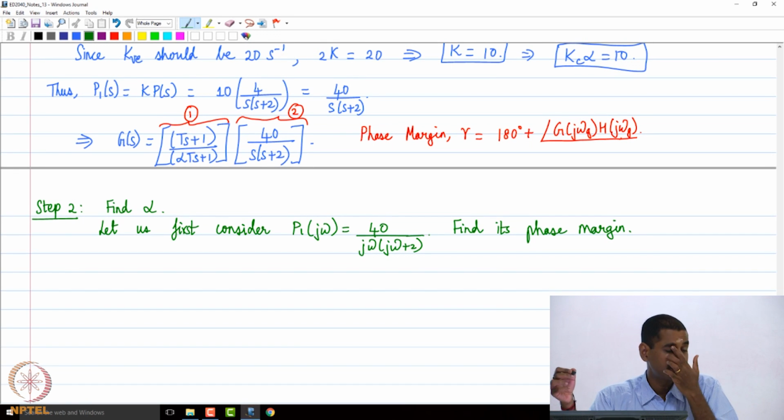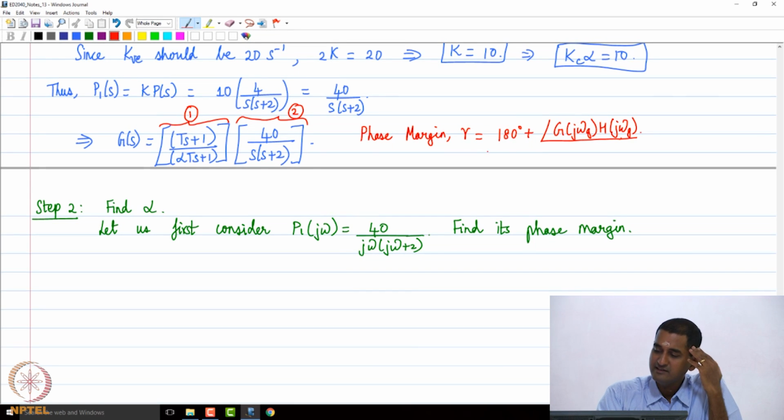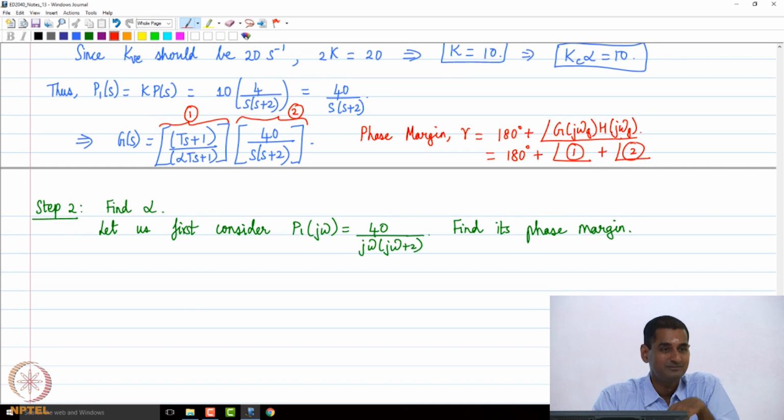So why are we doing this? Because if I split this into two factors, the phase margin is going to be the phase margin of factor 1 plus the phase of factor 2. Let us first figure out 180 plus the phase of factor 2, then we will know what factor 1 should be, so that I achieve at least gamma of 50 degrees. That is the idea here. So let us find its phase margin.